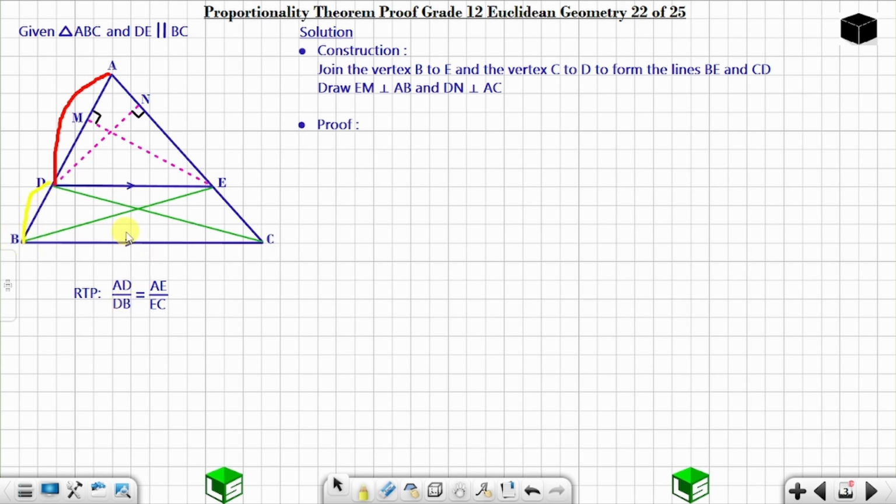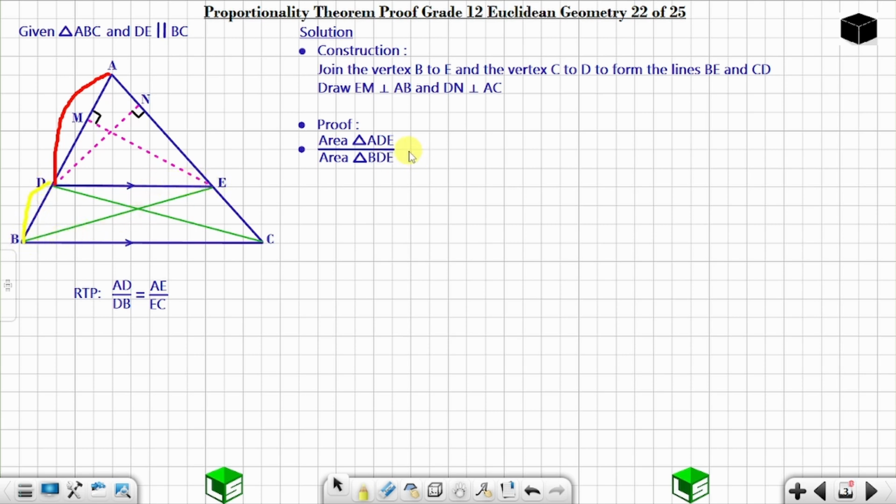So we are going to have the area of triangle ADE over the area of triangle BDE.